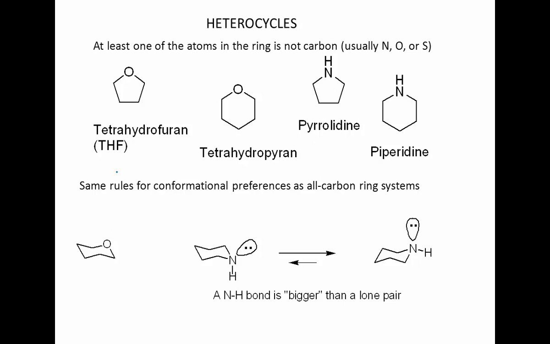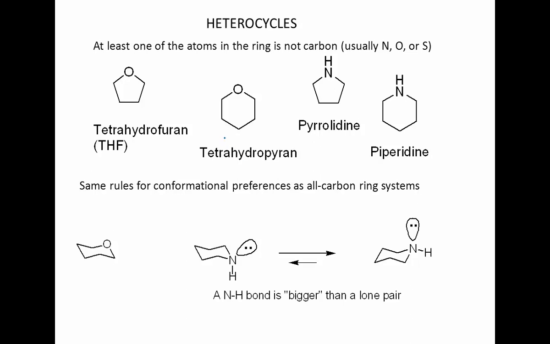Most of the heterocycles known contain one or more nitrogens, oxygens, or sulfurs in the ring. Those are the most common types of heterocyclic compounds. Okay, the same rules for conformational preferences exist in heterocyclic rings as in all carbon rings.